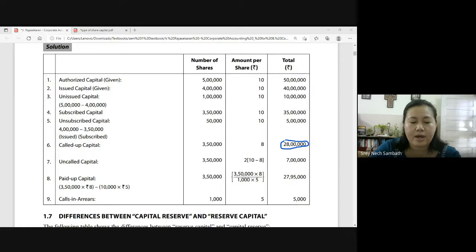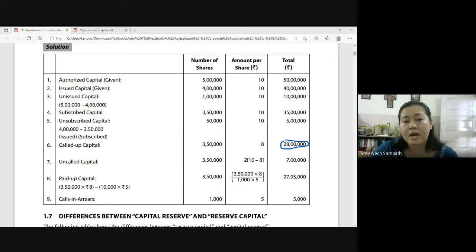And the paid up capital, when you minus the arrear from the call up capital, is 27 lakh 95,000. It equals the call up capital minus the arrear. So when you take 28 lakhs and then minus 5,000, you will get the same amount.